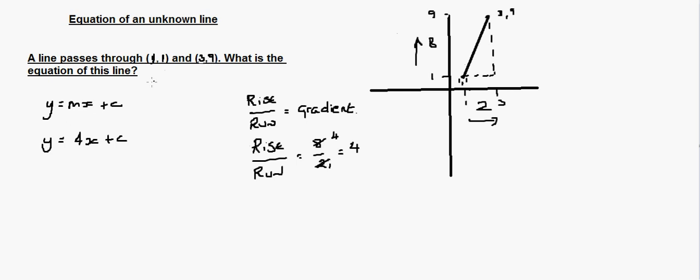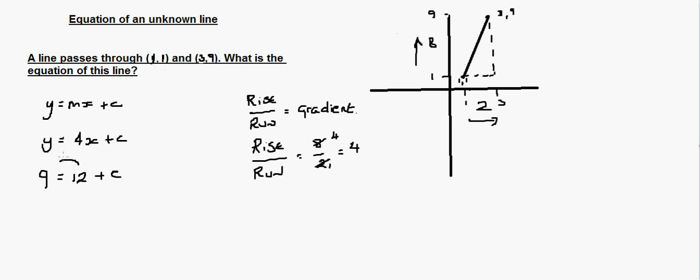So y here is 9, and that's going to equal, now x is 3, so 4x will be 12 plus c, sorry. Okay, because if x is 3, 4 lots of 3 will give me 12.